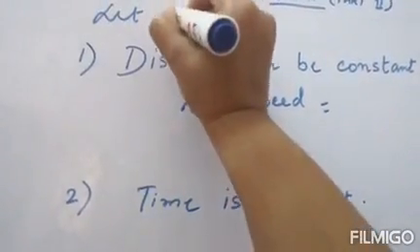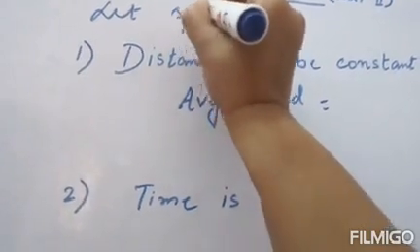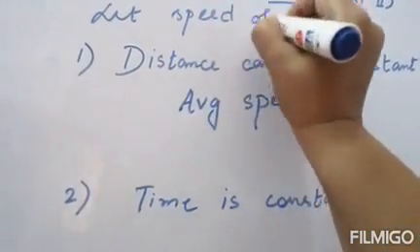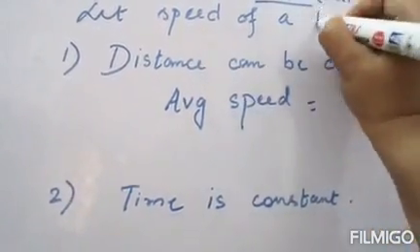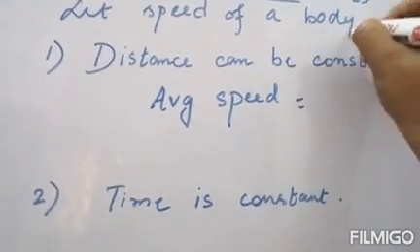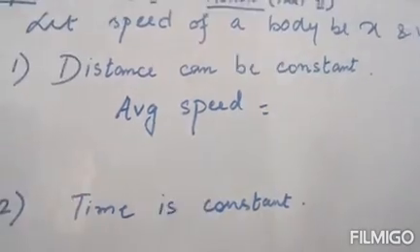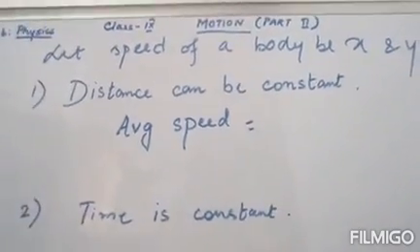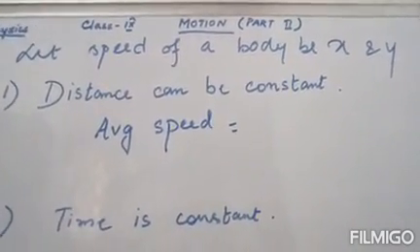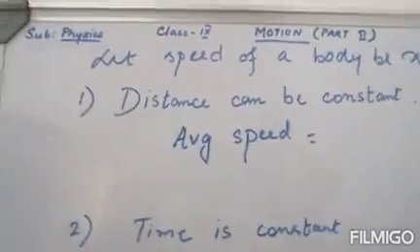Let the speeds of a body be x and y. First, distance can be constant.